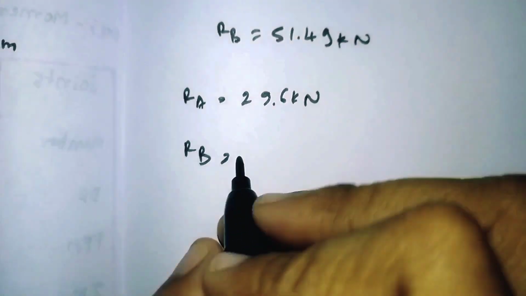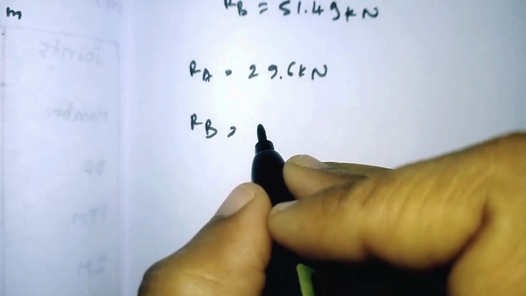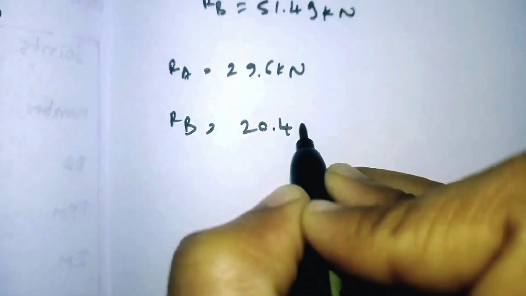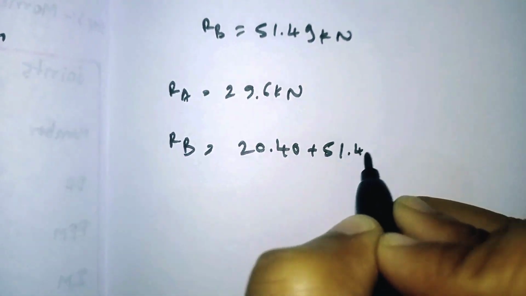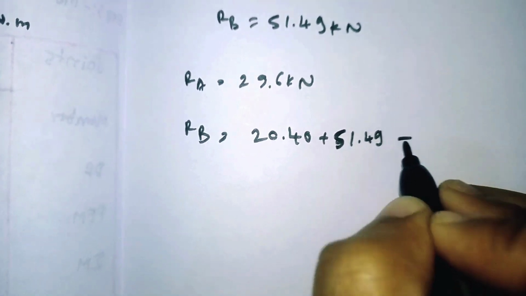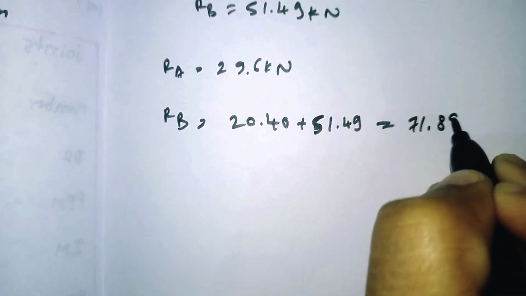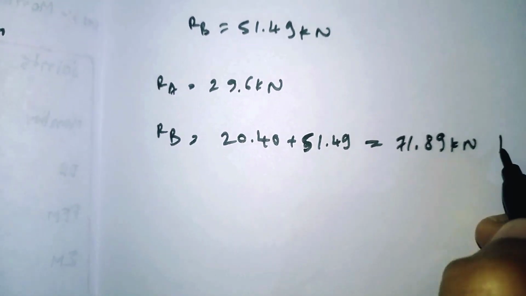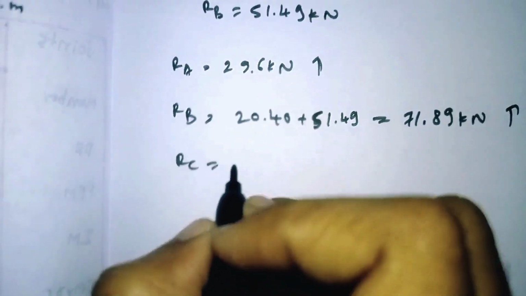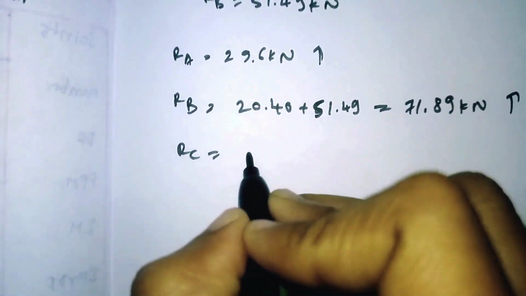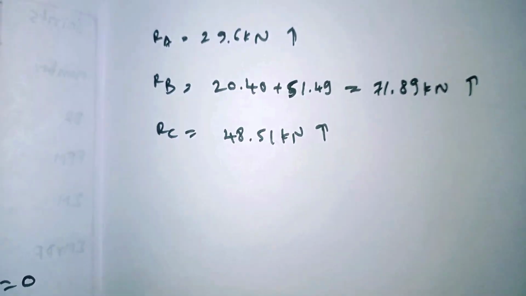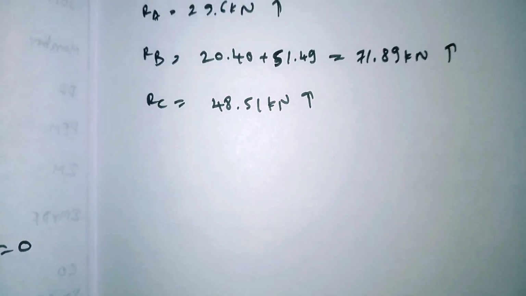We have to add them for spans AB and BC. So by adding, it will come out as 71.89 kilonewton. It is also positive, moving upward. And our RC value we got was 48.51 kilonewton. This is also positive, moving upward. So this is step 4.